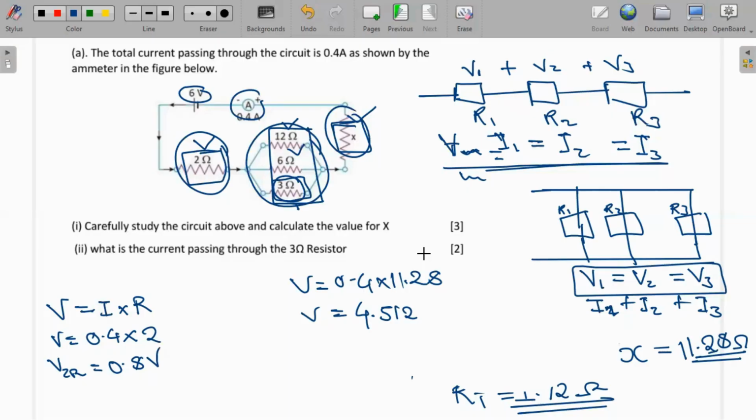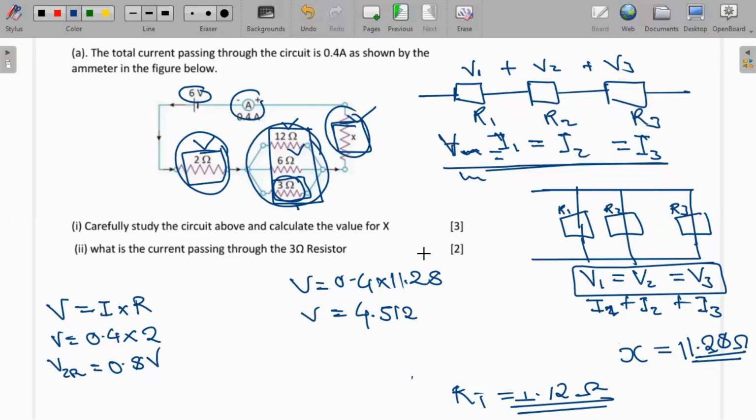Yes, so what is the value of 0.4 multiplied by 11.28? It's 4.512.